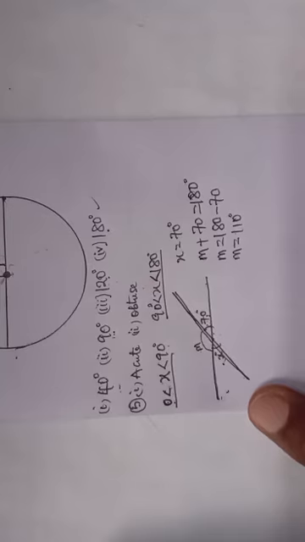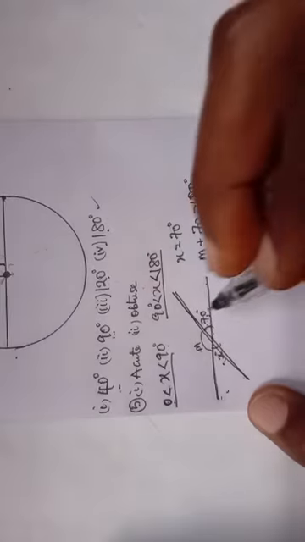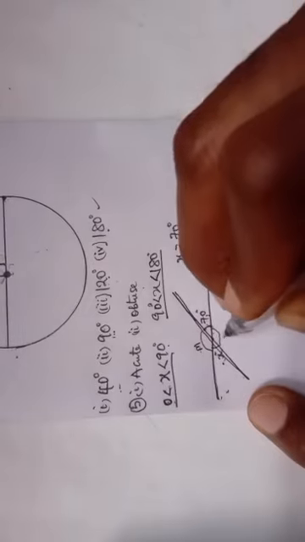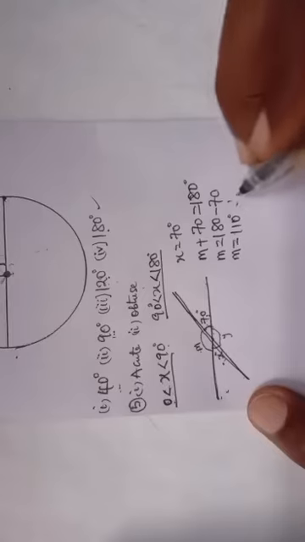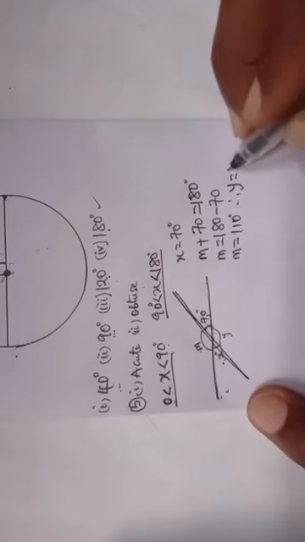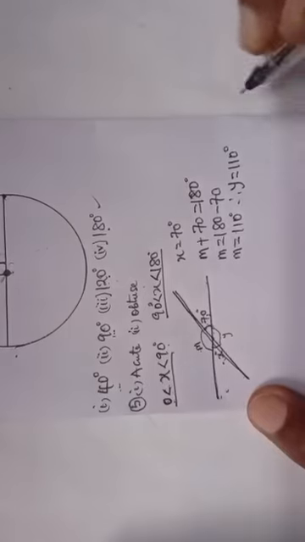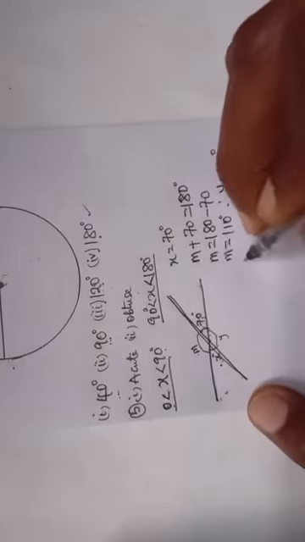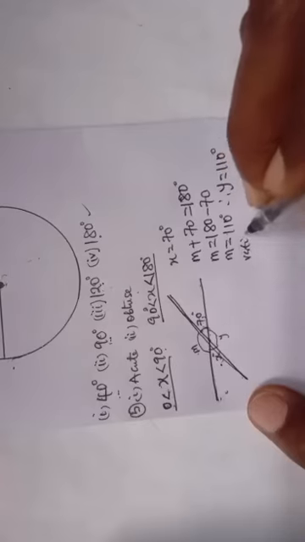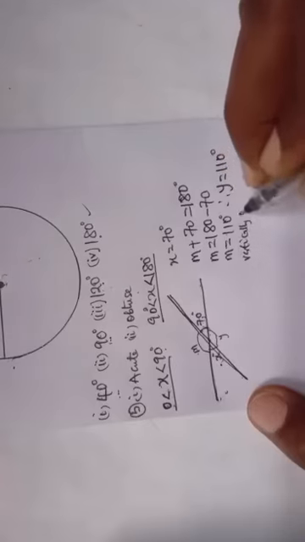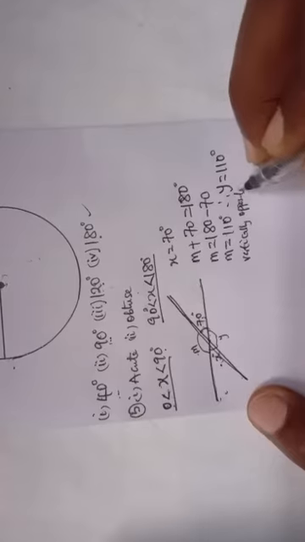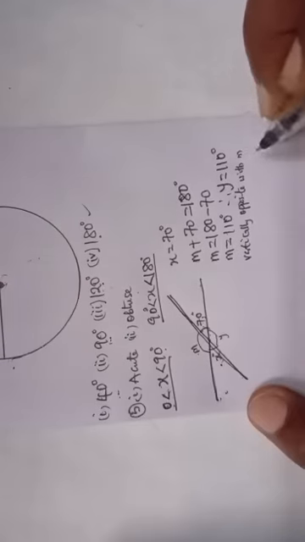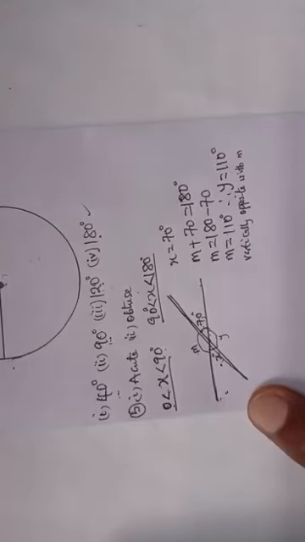Is that okay? So if here is 110, here is also vertically opposite to this. If I call here y, therefore y is also 110 degrees. Reason: vertically opposite with M. Is that okay?